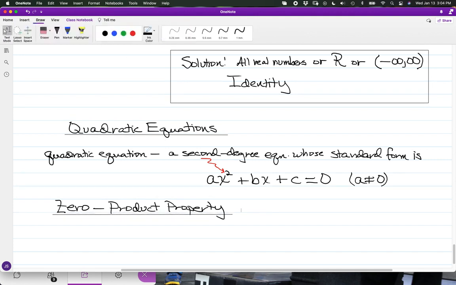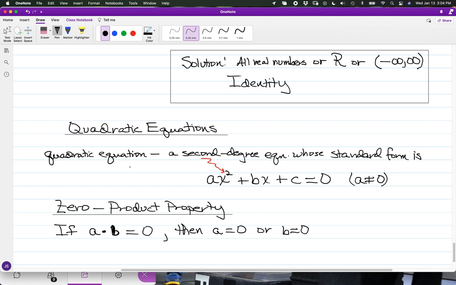This property states that if we have at least two expressions, not limited to two expressions, but say we had two expressions, a and b, and they multiply out to 0, then for this to be true at least one of these factors has to be 0. In other words, for a times b to be equal to 0, one of these must be 0.